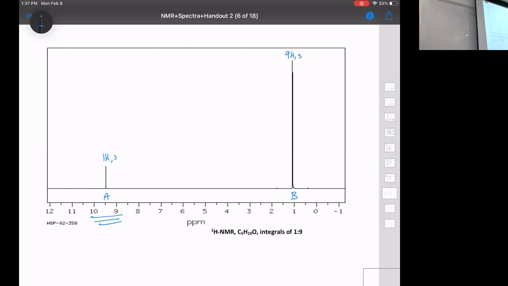So what do you think 9H is? Right, correct. It doesn't mean they're attached together, just that they're in the same environment. All right, how many hydrogens do they have? It's nine. So they have to be attached to a carbon with no hydrogens.